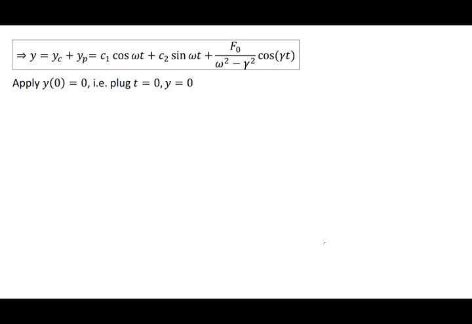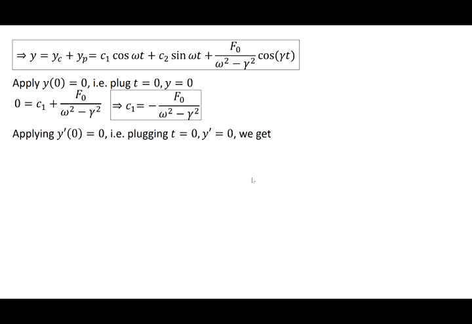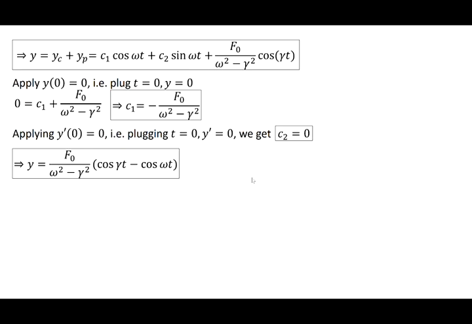The whole idea is we are trying to find the constants C1 and C2 at this stage. C1 turns out to be this, y prime of 0 gives you C2 to be 0, and so this whole solution reduces to this.